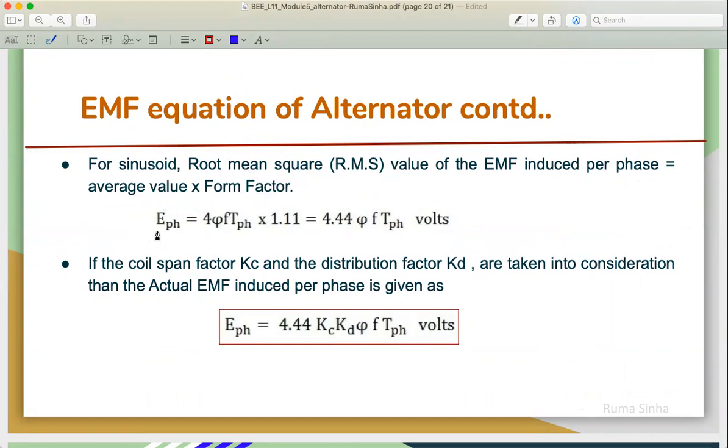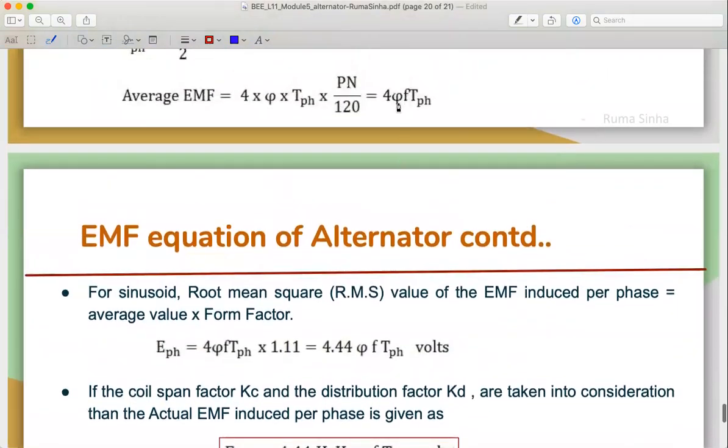So the RMS value of EMF induced per phase is 4 phi F T phase multiplied by 1.11, because 1.11 is the form factor for a sinusoidal AC. So we get 4.44 phi F T phase volts. This is E phase.